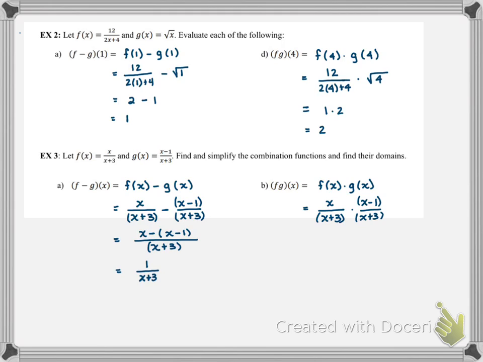So when we subtract two fractions with the same denominator, we keep our common denominator. When we're multiplying, we still have to multiply the denominators even if they're the same. So we're going to end up with x times x minus 1 over x plus 3 squared. So we have two factors of x plus 3 in our denominator.